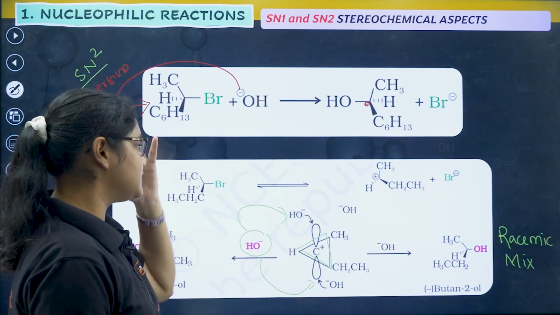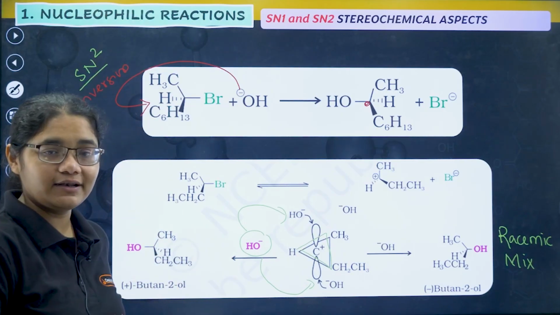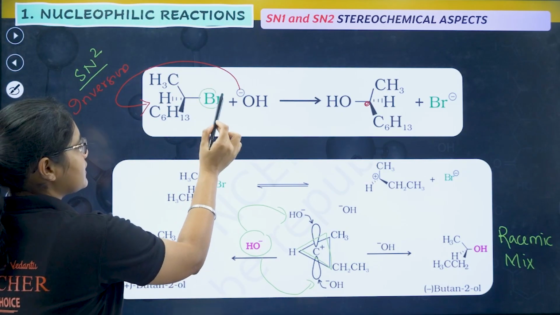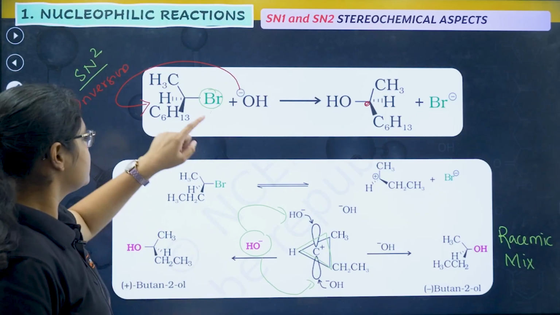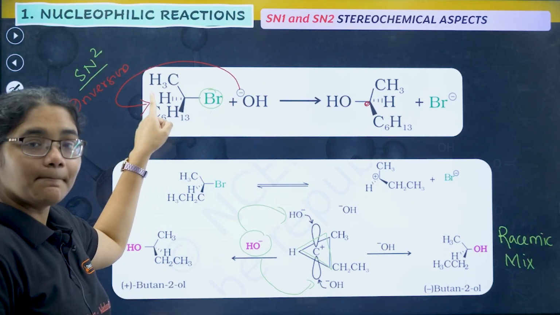So what I wanted to say here, something important, is why this OH minus always attacks from the back side. Can we have a reason for that? Yes, OH minus cannot come from the front side because bromine is present here, which is a very bulky group. Here we have H and smaller groups, so OH always tries to attack from the back side.